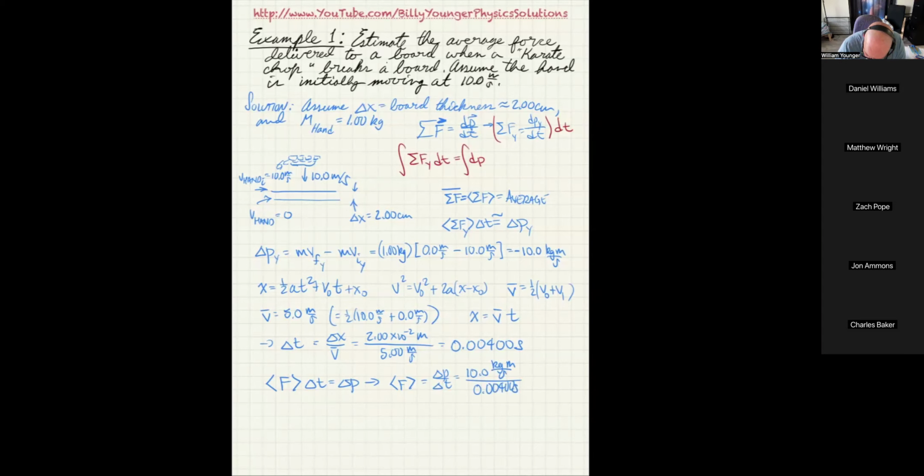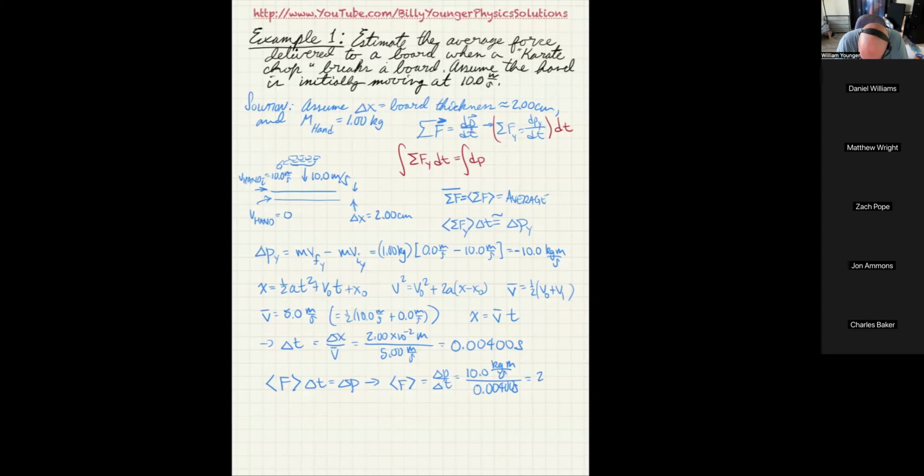That's 4 over 1,000. So 0.004 being 4 over 1,000 means we're basically multiplying 10 times 1,000 and then dividing by 4. So that gives us 10,000.